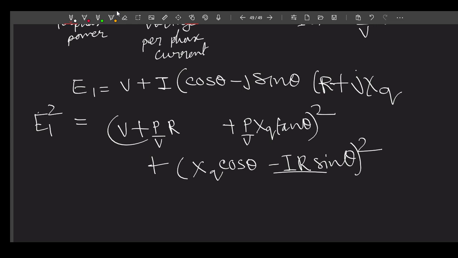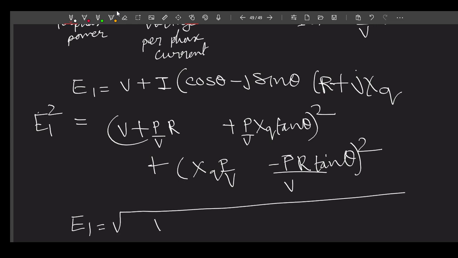Similarly here, so this will become the equation. Now similarly to the previous case, we can write E1 is equal to root under (V plus CV) squared plus (DV) squared. What are C and D?